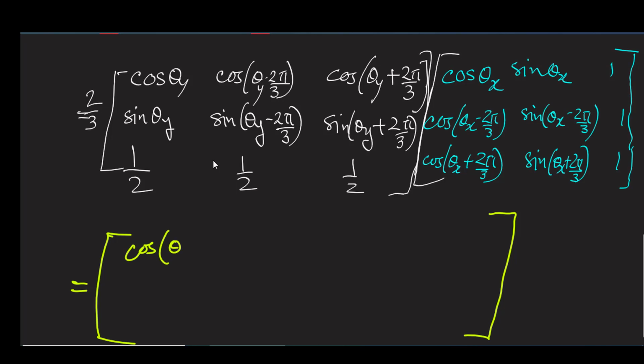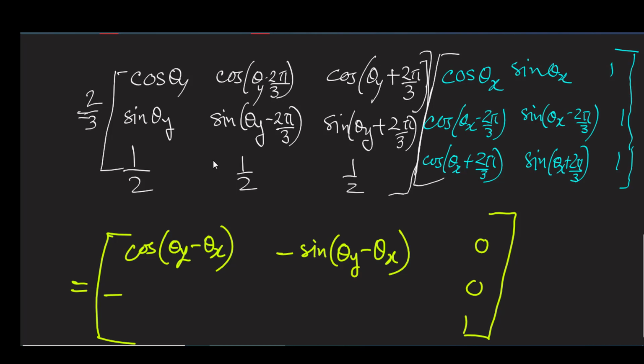That will give us cos theta y minus theta x, sin theta y minus theta x. So basically it's a skew symmetric matrix.